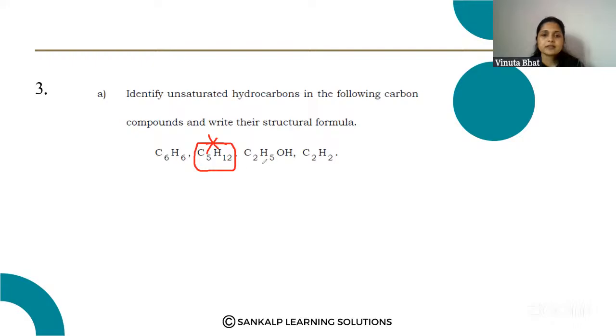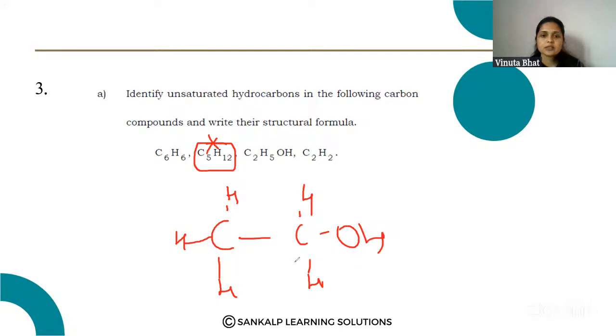Let's check C2H5OH. C2H5 with an OH group. So this is the alcohol, ethanol. It is also not an unsaturated hydrocarbon, so C2H5OH is also a wrong option.